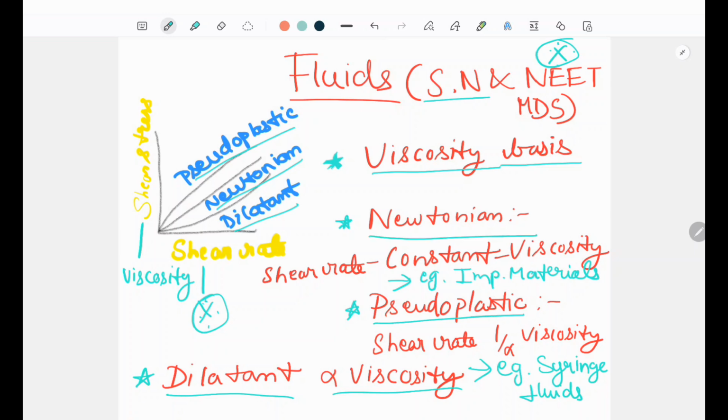Then comes dilatant. Dilatant fluids are directly proportional to viscosity. So here we have examples of fluid-based denture resins.